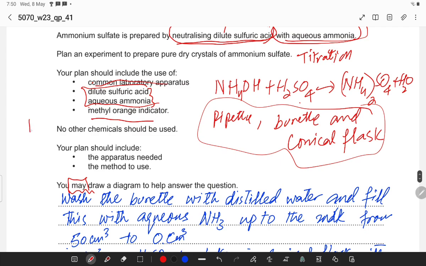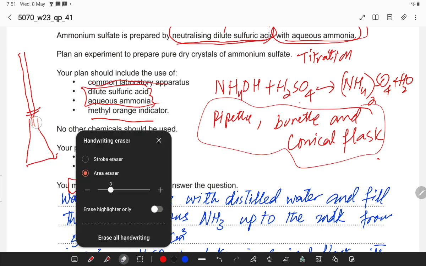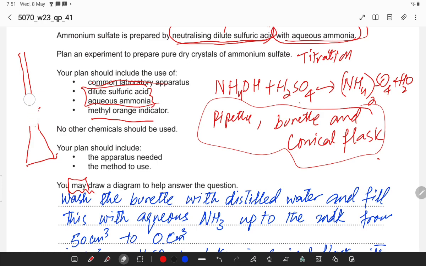If you draw like this, this is conical flask, this is burette, this is burette and graduated burette.